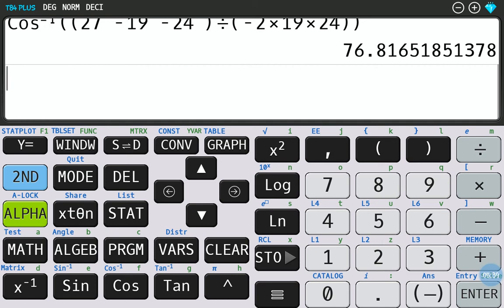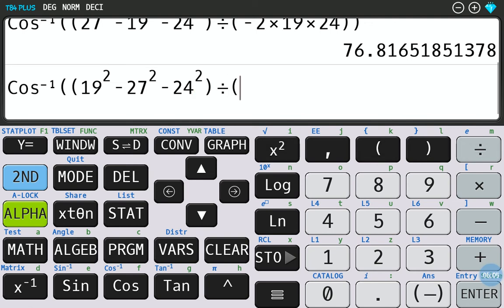Okay, that doesn't work. I just erased some of it. Alright, so arc cosine. I put 19 squared. Before I start, please put parentheses to split the numerator and denominator: minus 27 squared minus 24 squared, close it, that's my numerator.